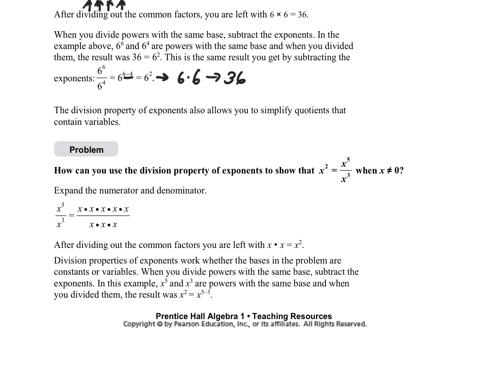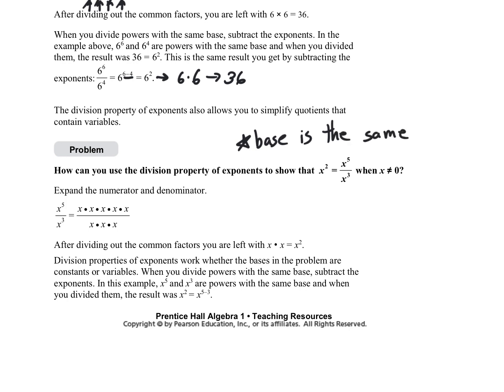The division property of exponents also allows you to simplify quotients that contain variables. As I was saying, you can solve for variables and or numbers as long as the base is the same. So key concept: you can subtract or add depending on whether it's multiplication or division, as long as the base is the same.